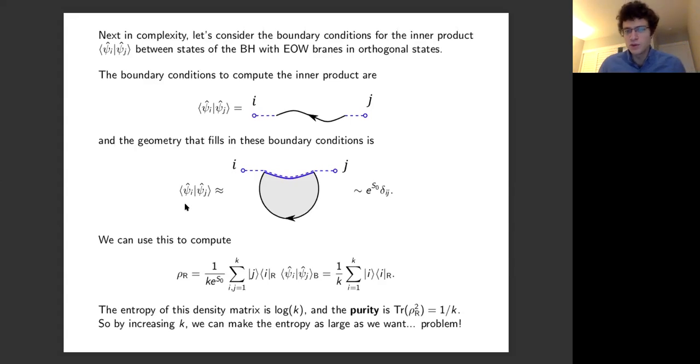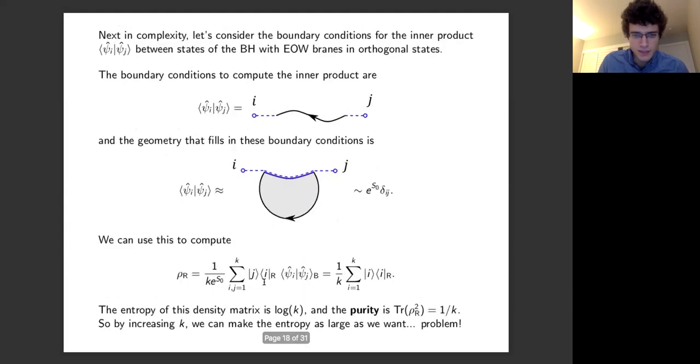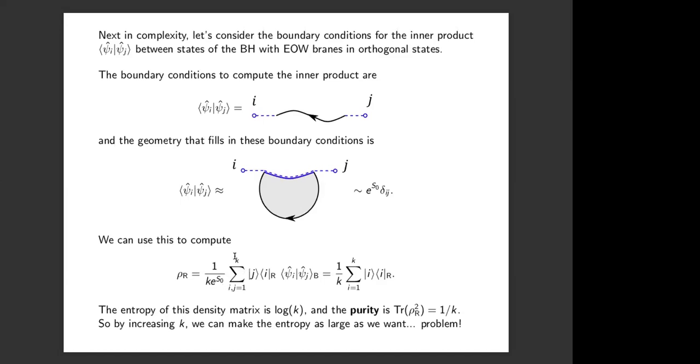Remember, what we wanted to do was, in this state here, to compute the entropy of the system R. We can do that by computing the density matrix for the R system in that state. That's equal to this expression here, where the psi hats are unnormalized versions of the states, and we normalize them by dividing by e to the s0 here. Sorry, and now we just plug in.